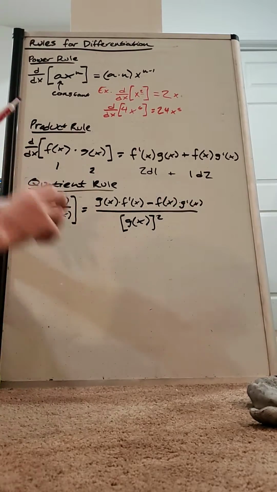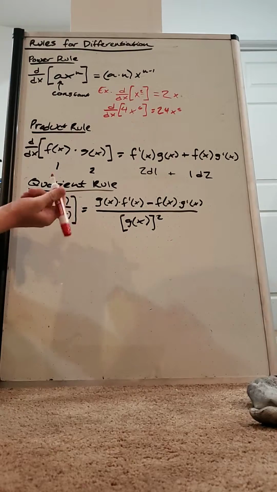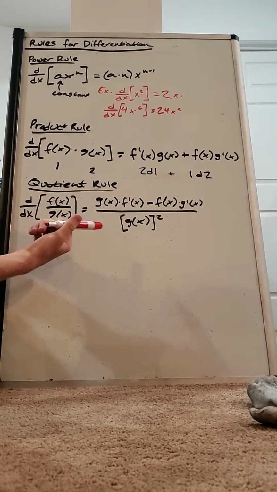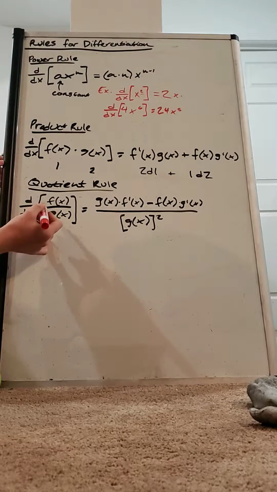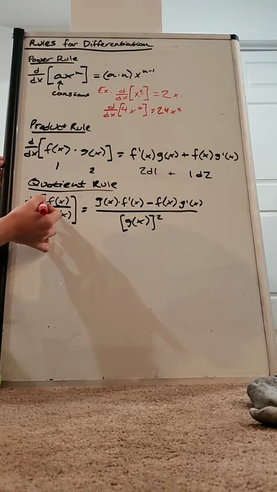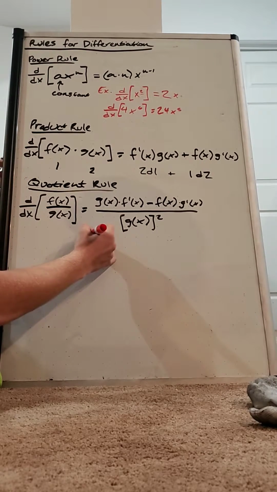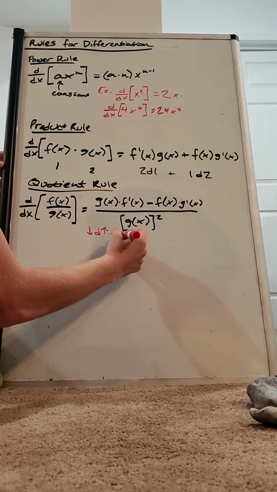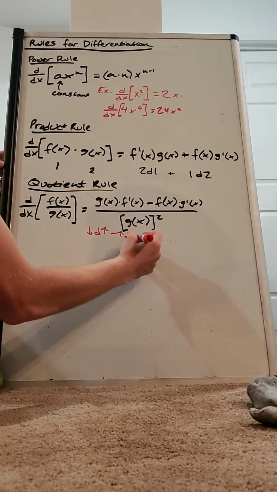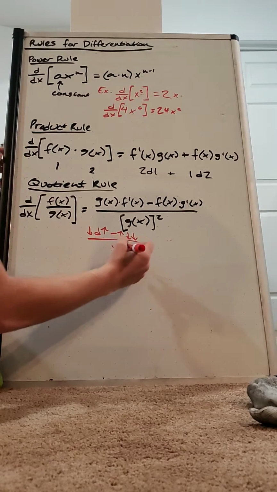squared. And if you've run into this before, you've probably heard of low d high minus high d low over low low. What that means is if we call this our high function and our low function, this would be low d high minus high d low over low low, which is just low squared.